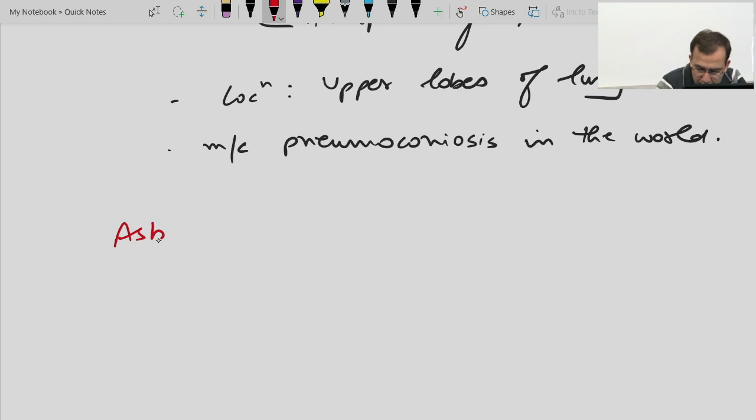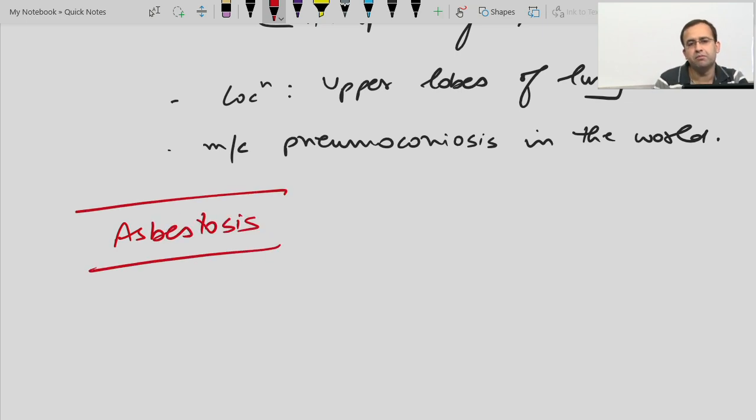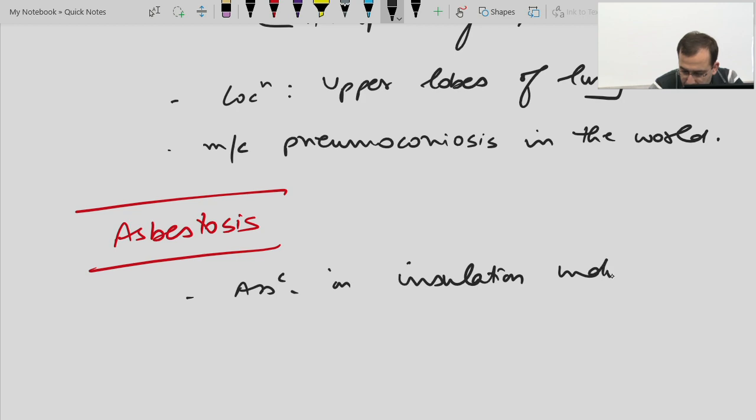And the last pneumoconiosis is asbestosis. When I say the last, I mean the last and main important one, which of course is associated with asbestos particles. Which industry? The insulation industry. The wires have insulation, so the insulation industry is associated with asbestosis.